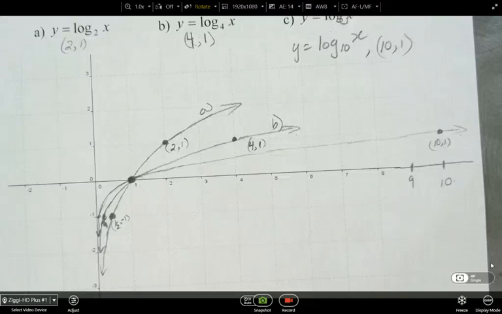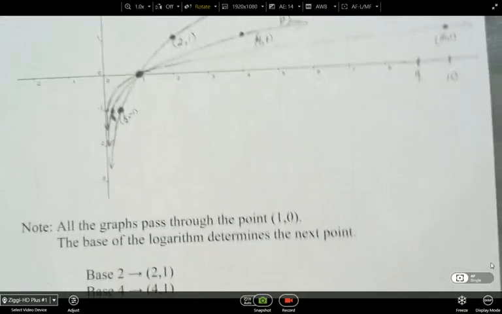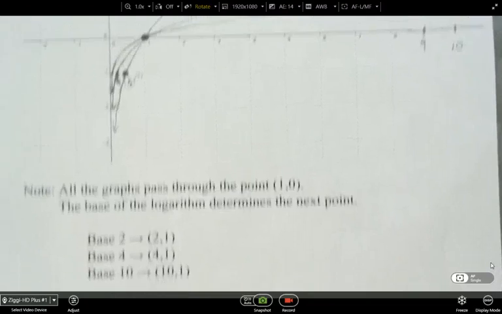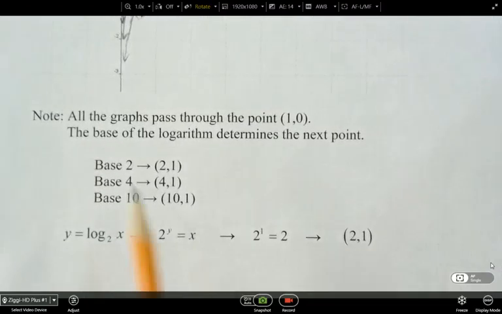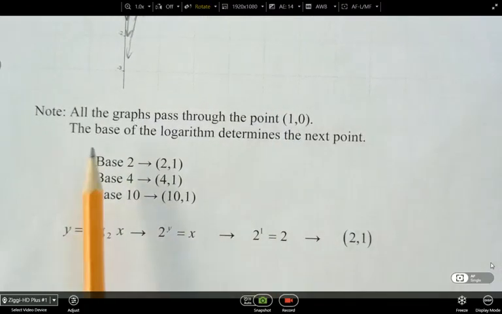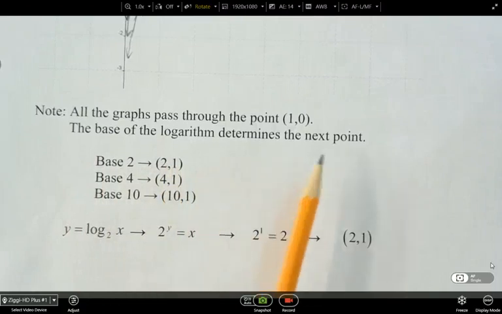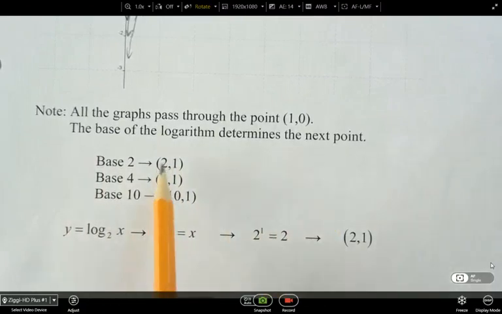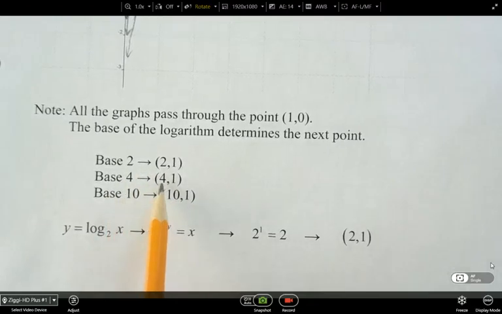So you could quickly draw these graphs just based on what the base is of each of these logs. Okay? All right. So just a quick note: all of these graphs pass through 1, 0. The base of the logarithm determines the next point. If it's base 2, we saw that it was at 2, 1. Base 4, it's 4, 1. Base 10, it's 10, 1.